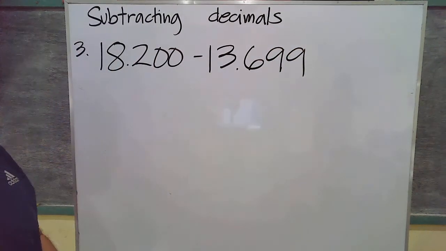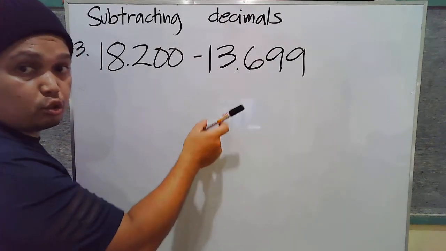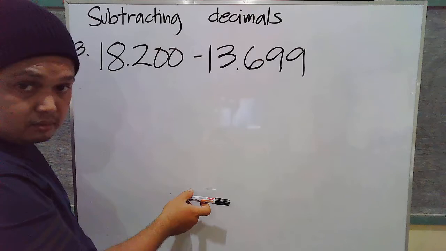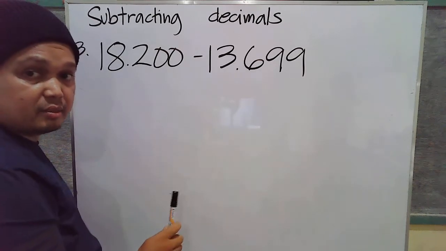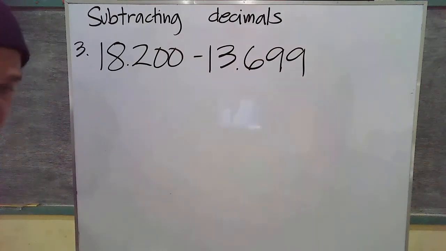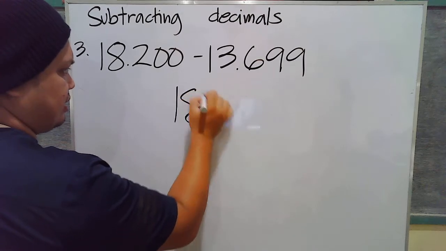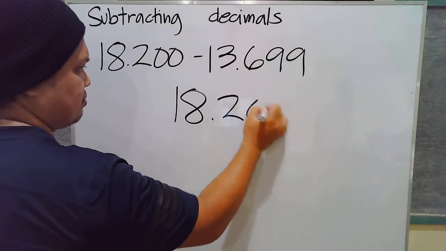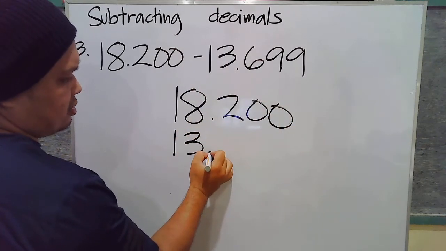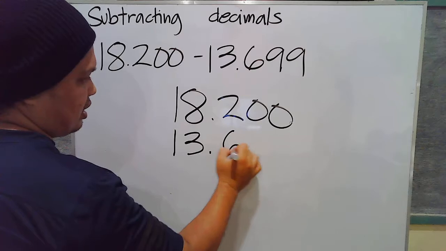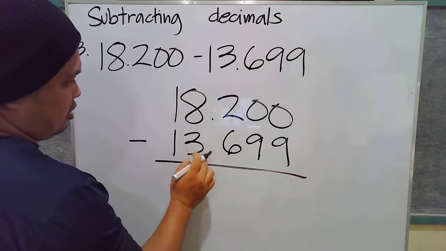Okay, so to answer this, let's arrange first the decimal numbers into a column. Then very important, we're gonna align their decimal points. Okay, let's do that. So copy this, 18.200, and copy this, 13.699. So the decimal points here are aligned with each other.